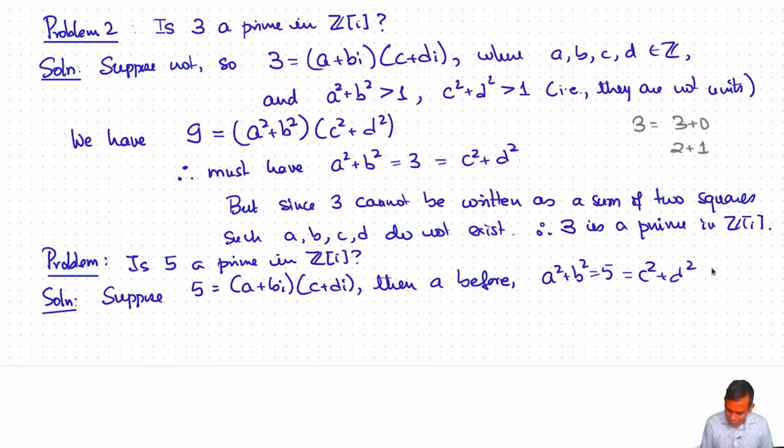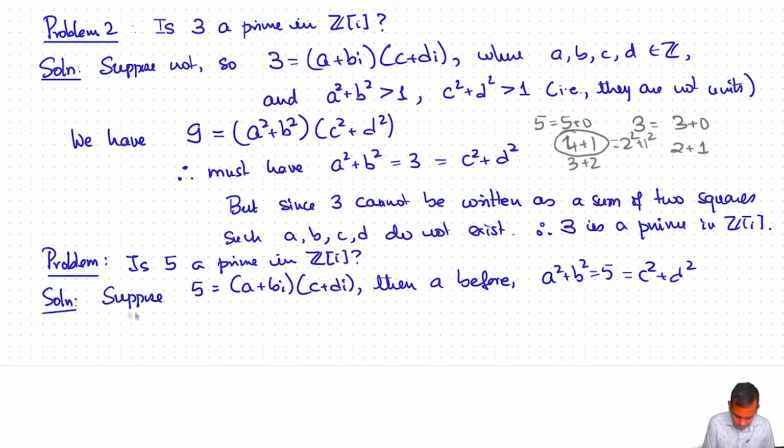But 5 can be written as 5 plus 0, 4 plus 1 and 3 plus 2, and then you can switch the a and b. But look at this 4 plus 1, it's a sum of squares. It's 2 squared plus 1 squared.